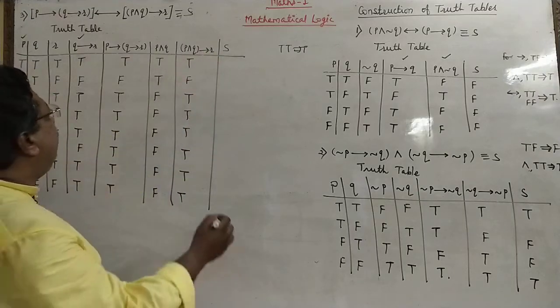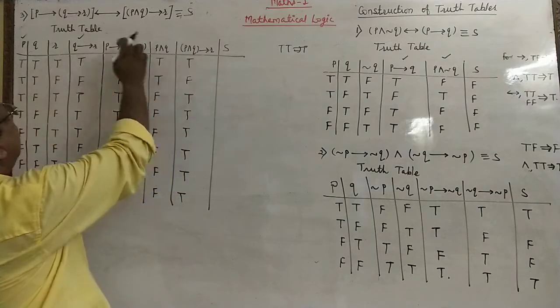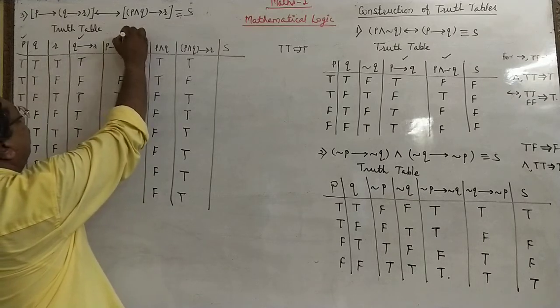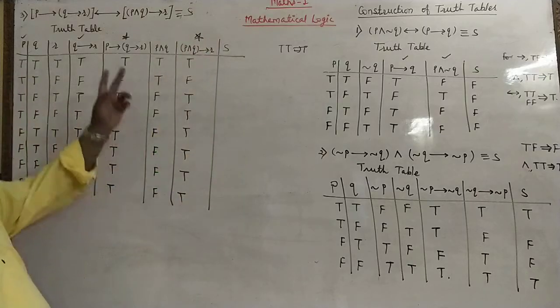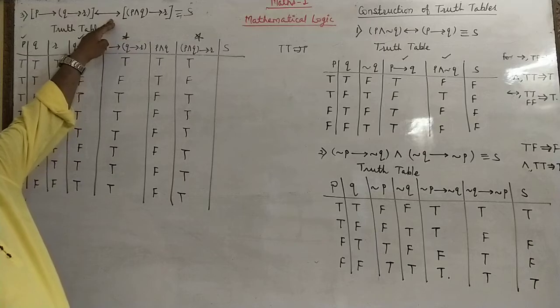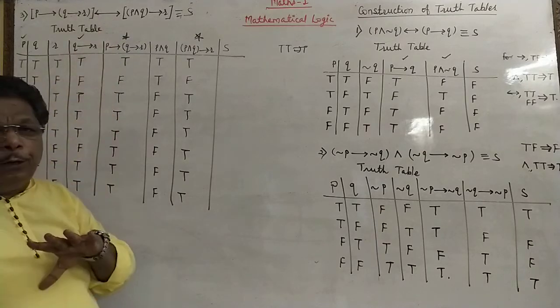S is divided into two parts. See, P conditional, Q conditional R is column number 5 and P and Q conditional R is column number 7. In between them the connective is biconditional. Requirement for the last connective, if and only if: what is the requirement? They must have identical truth values.